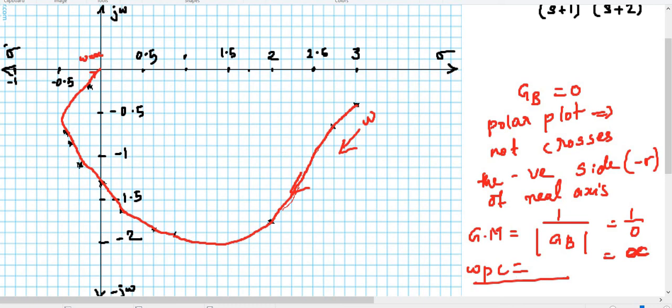So how can you find the phase margin? In order to find the phase margin, we have to plot a unit circle with the origin as center and 1 as radius. So it will be approximately like this.